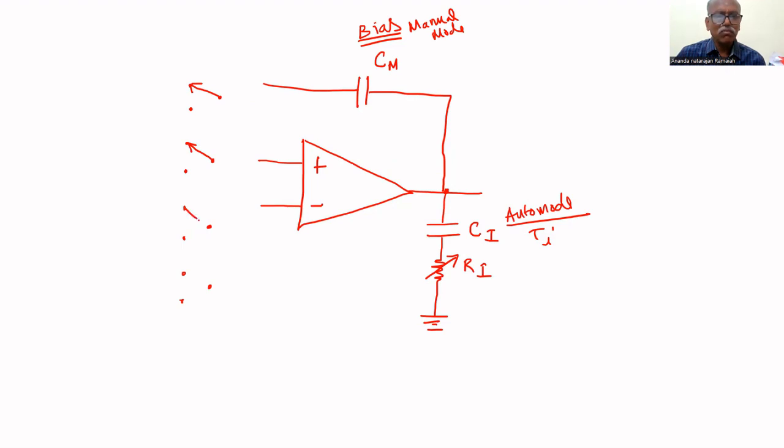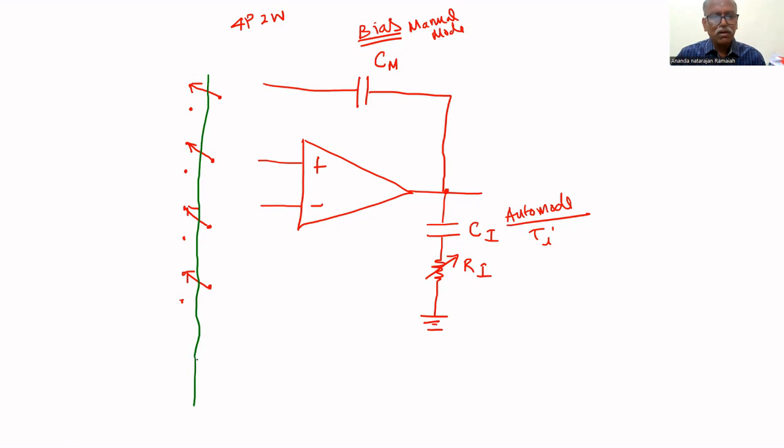Initially, it is at manual mode. It is a 4-pole two-way switch. It works simultaneously. They are all connected together mechanically.